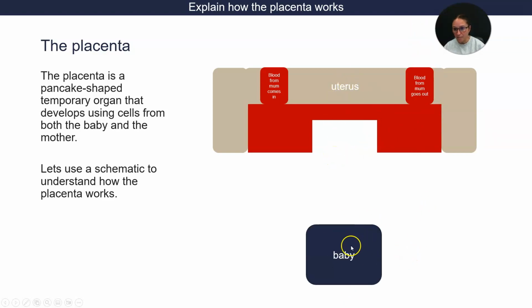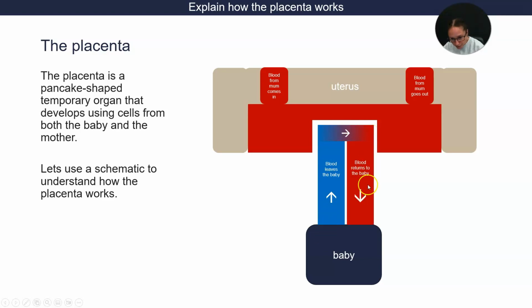Then we've got the baby. So how is the baby going to get things from mum's blood? Well, the baby has a blood vessel that leaves its body. It hangs around mum's blood, okay? So the blood leaves the baby, picks up stuff from mum's blood, and then blood returns to the baby again, okay?